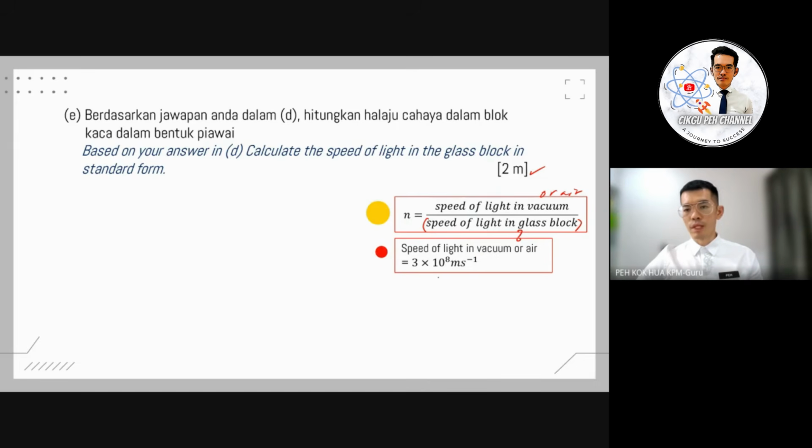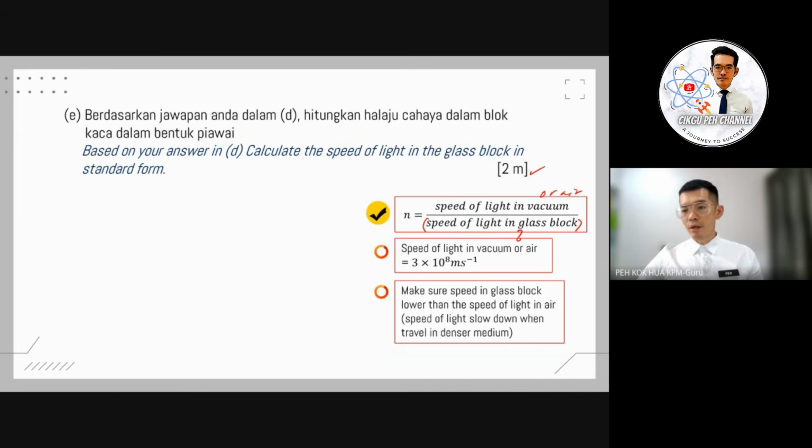And I also mentioned just now that the speed of the light in the glass block will be lower than the speed of the light in air. So that means the value we get here must be less than 3 times 10 power 8. This is the basic knowledge you need to know before you answer this question.